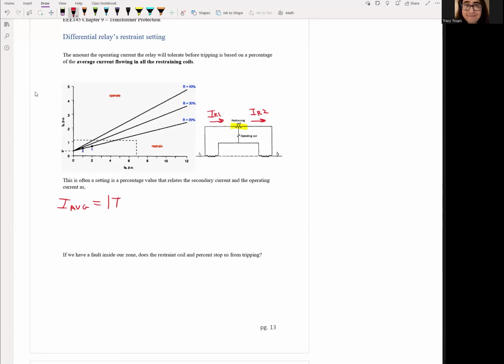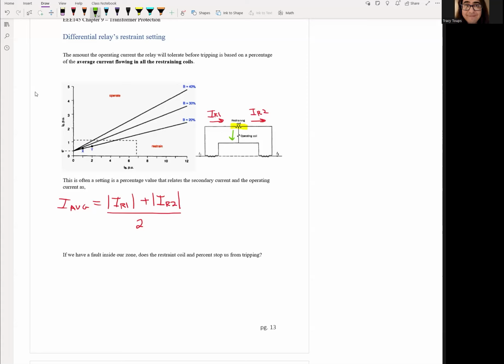So you take the absolute value of both currents, because for the restraint coil it doesn't matter which way the current's flowing, positive or negative, it'll still try to stop us from operating. And we'll take the average of those two. And then we'll compare that to the operating current that actually flows through the coil.